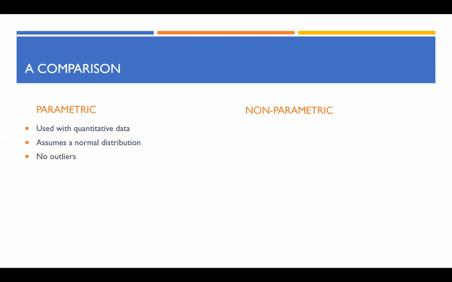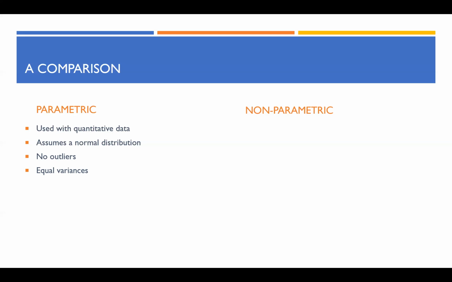Parametric tests also assume that the data set does not have any outliers. And it also assumes that if you're looking at more than one sample, those multiple samples have the same or at least equivalent variances. They're approximately equal. Okay, so you have to assume if you have more than one sample that you have equal variances.